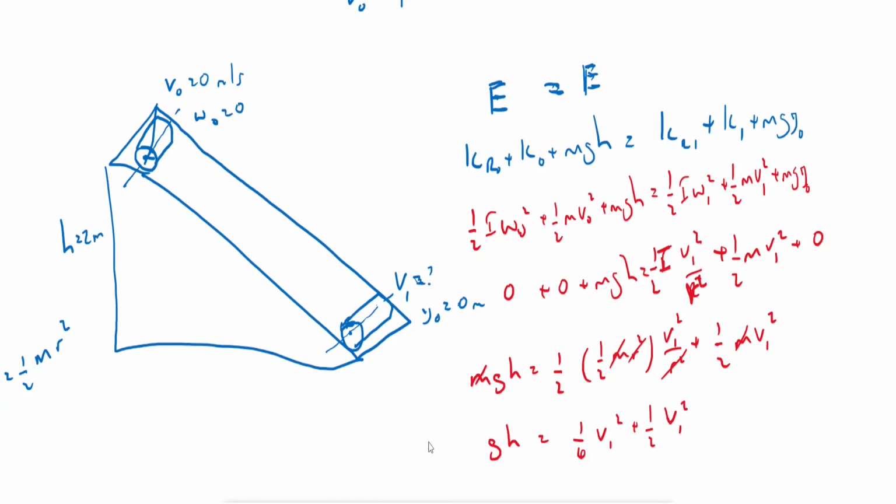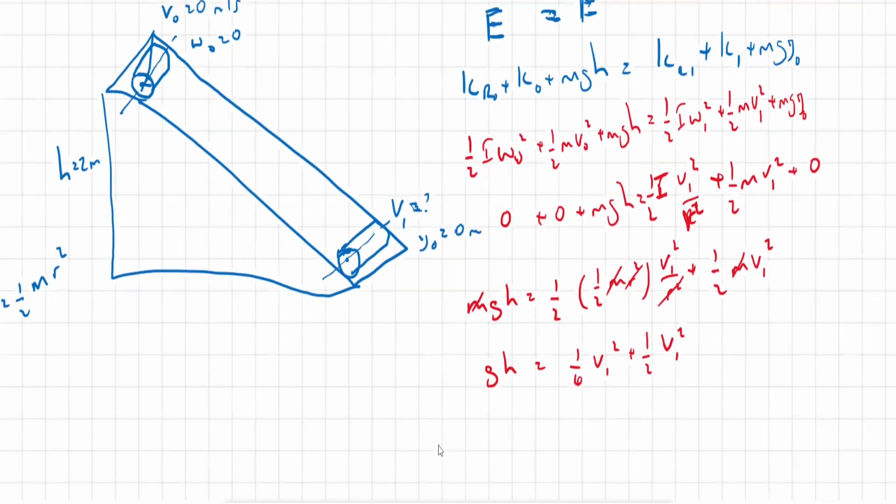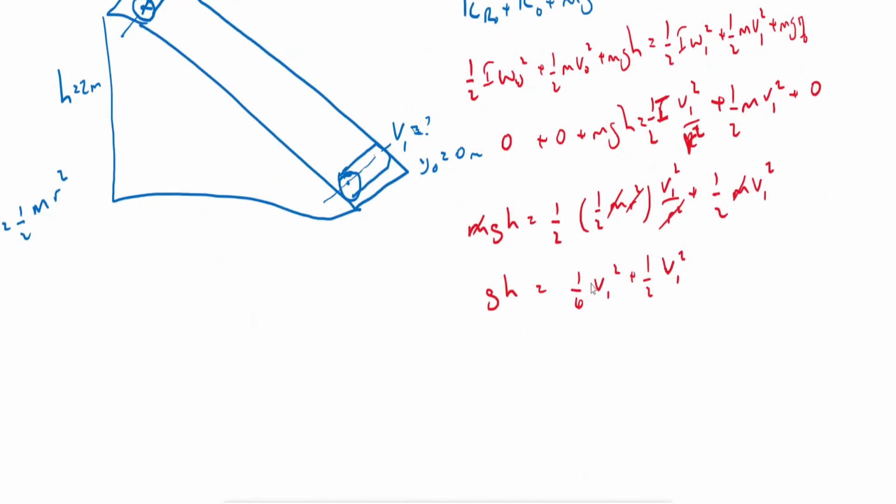So this is like 0.75 basically, so you expect it to be 3 over 4. This is gh, and then this is 3 over 4 v1 squared basically.